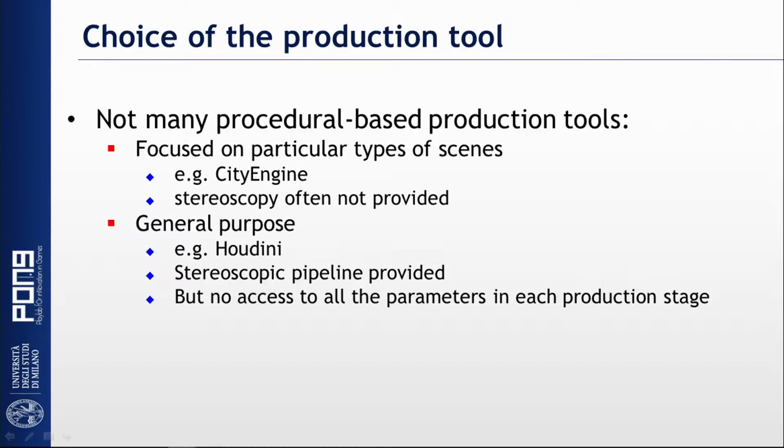Or considering general purpose tools, we more or less go with Houdini, which is a full production tool based on procedural generation. It provides stereoscopy, but the problem is that not all the parameters of the stereoscopic setup are provided as tools inside the node-based generation of the scenes. So you can set a stereoscopic camera, you can produce a stereoscopic image, but you cannot use the parameters of the stereoscopic setup in the production of the scene.